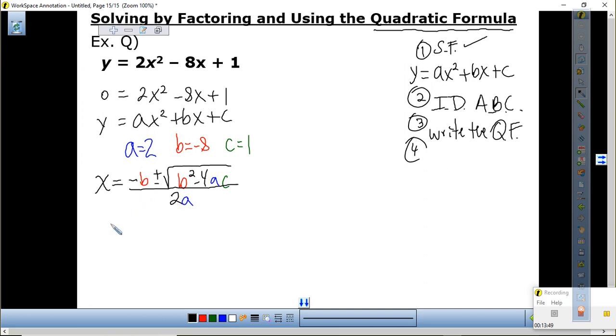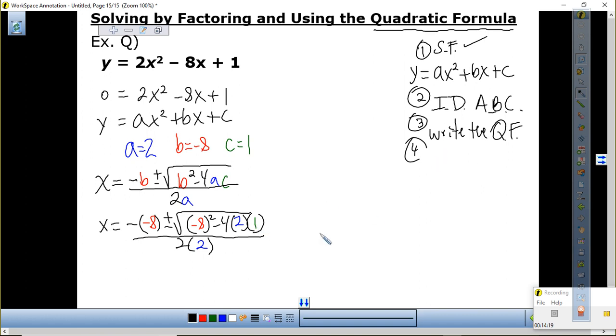Ready? Here goes. X equals minus parentheses plus minus square root parentheses squared minus 4 parentheses parentheses over 2 parentheses. What do we call step 4? What did I just do?